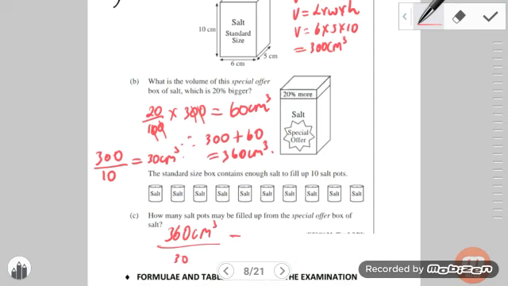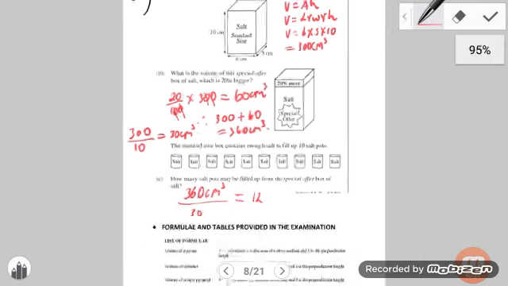That's 30. And that should basically tell me the amount of salt pots that I can fill with the new special offer salt box. And that's going to be equal to 12. 12 of these pots. So the special offer will give me an extra 2 pots of small salt here.